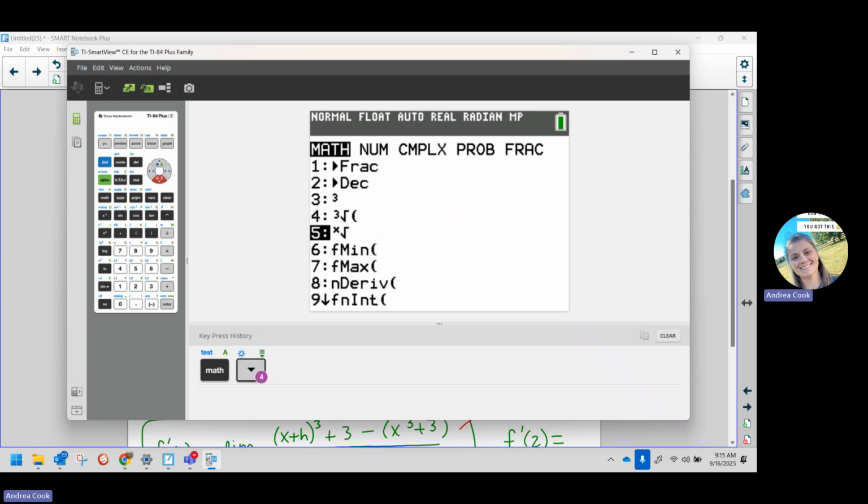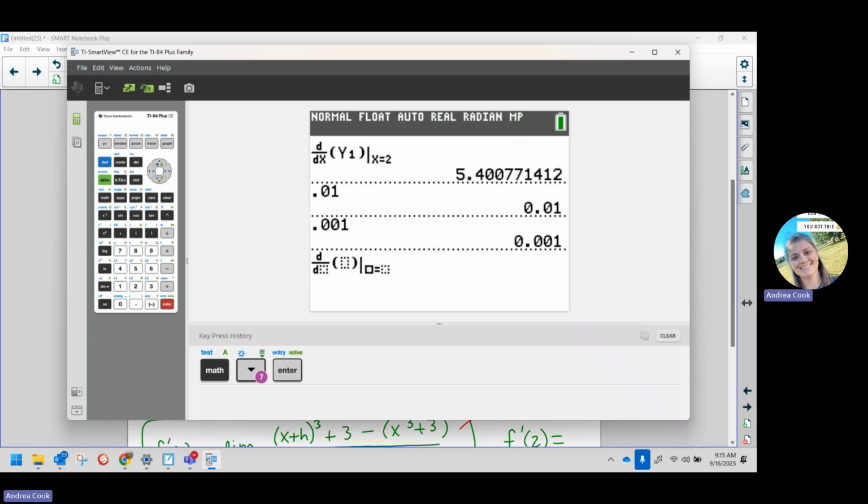If I go to number 8 and hit enter, mine pops up using this notation of dy over dx. So in the blank here, I need to put an x. What's next to it is the function because it's dy. So y is your function. So what was our function?